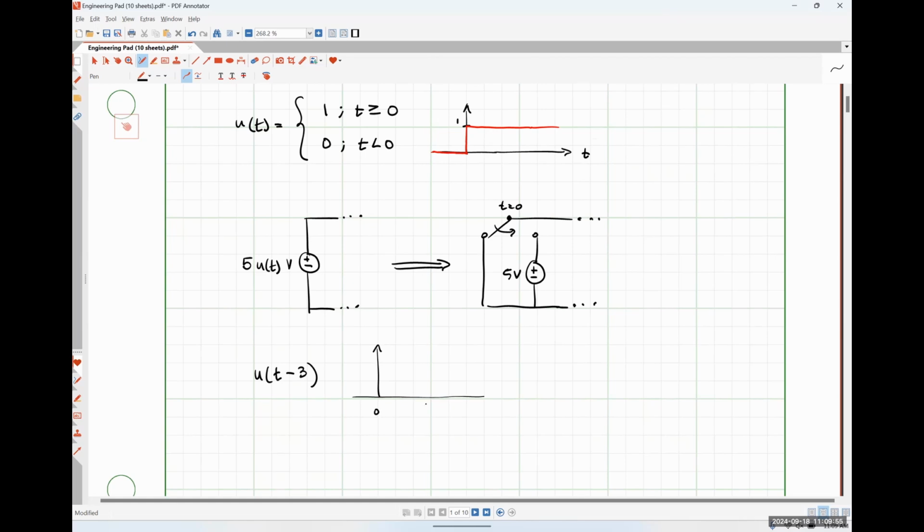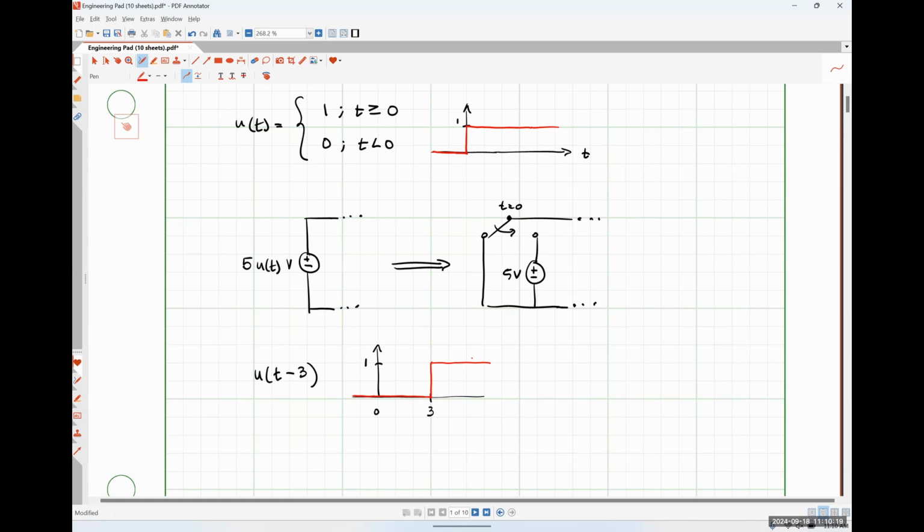So if this is t is equal to 0, this point in time is t is equal to 3. And this vertical axis here corresponds to 1. Then our signal would be 0 until we hit t is equal to 3. It would abruptly shift up to have a value of 1, and then it would stay 1 for all values of time greater than 3.